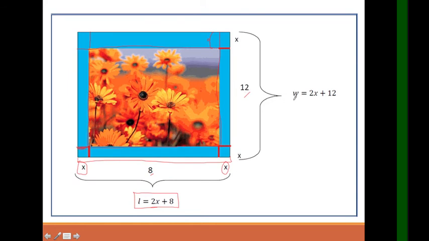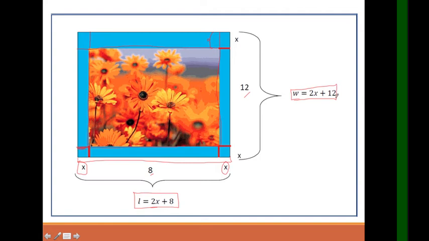So, again, for the width, meron tayong equation na mabubuo na 2x plus 12. Ibig sabihin, let's say 1 meter to and 1 meter to, kaya 2x. Ibig sabihin, dalawang x. Yun ang ibig sabihin nun, okay? So, 2x plus 12. Alright.